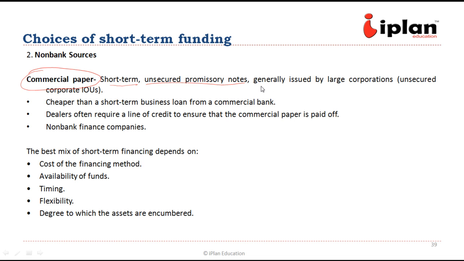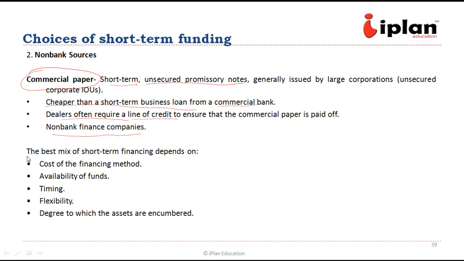There is no collateral associated with it. But this is generally cheaper than short-term business loan from a commercial bank. To ensure that commercial paper is paid, dealers often require line of credit. NBFCs, non-bank finance companies, also issue commercial paper.